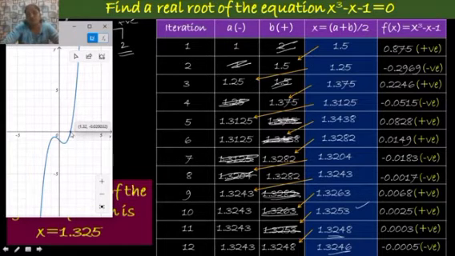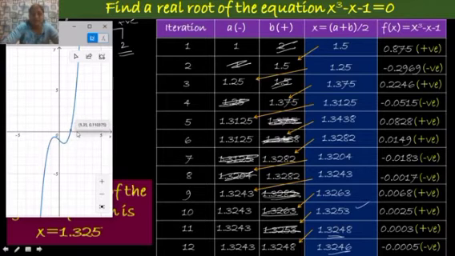So the point where the curve cuts the x-axis, that is the x-intercept, always gives you the root of the given equation, isn't it? It cuts the x-axis at 1.32. So that gives you the root of the given equation. But using the graphical method to find the root of the given function is a difficult task.